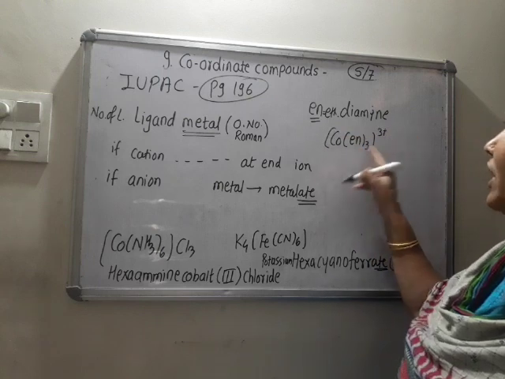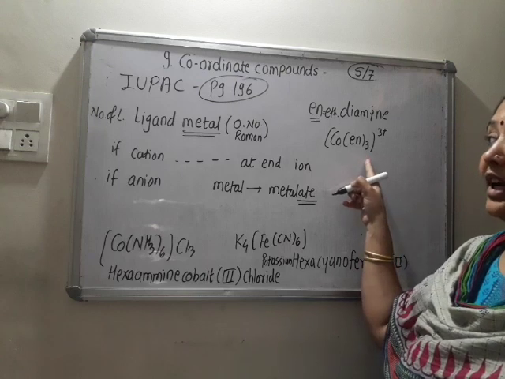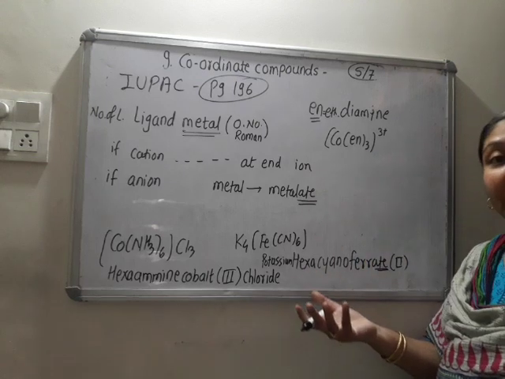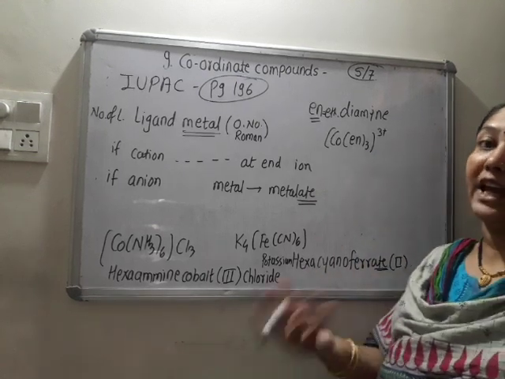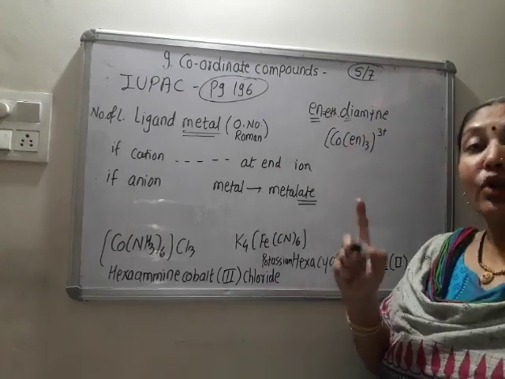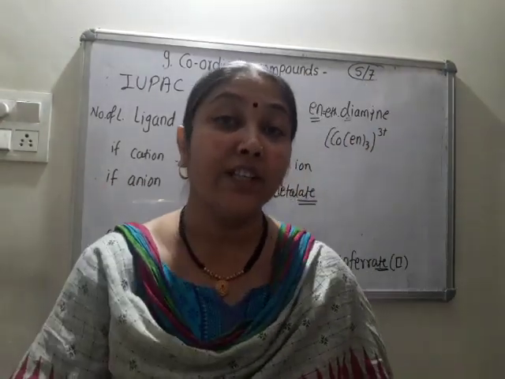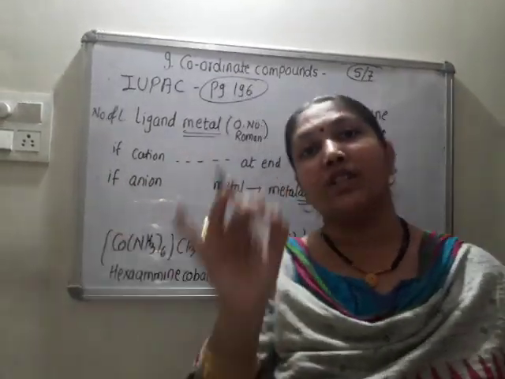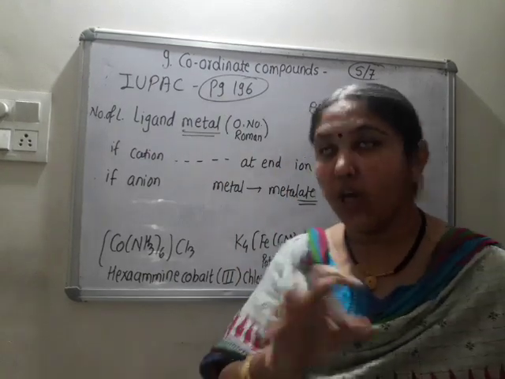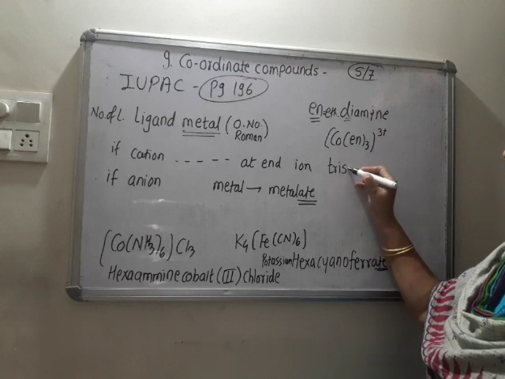So how do we name it? How many ethylenediamine are there? 3. If it were a name without a number, we would simply call it tri. But its name has a number. So if the ligand's name has a number, then the prefix changes to bis, tris, tetrakis, and so on. So here 3 ligands are there, so this becomes tris.